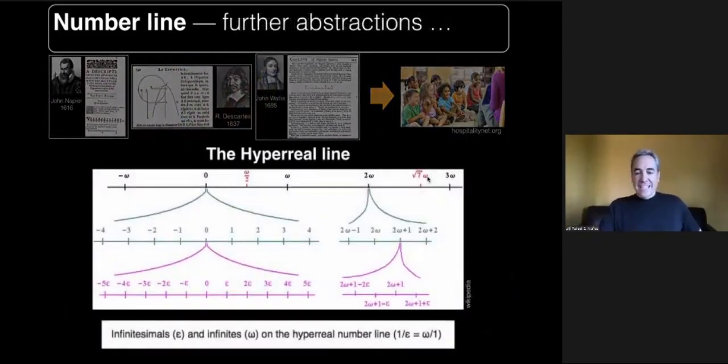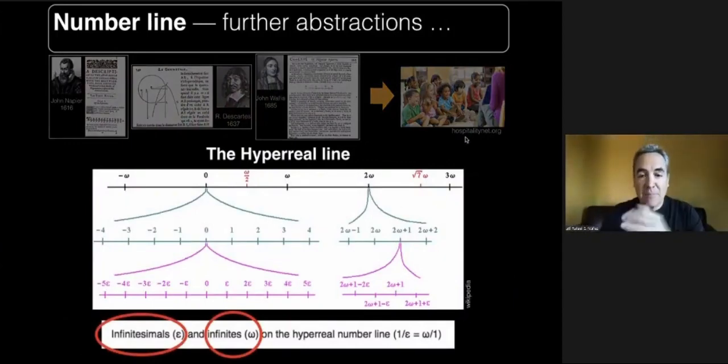So the idea here is that these are very sophisticated concepts, and you can continue developing. The hyperreal line would be an example in which you have the number line, but you start to have more sophisticated concepts of numbers, like, for example, infinitesimal numbers that don't have the Archimedean properties. Any infinitesimal number is smaller than a real number, and the inverse of an infinitesimal number is larger than any real number.